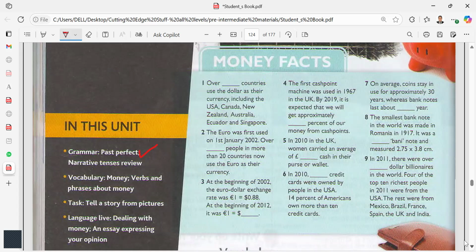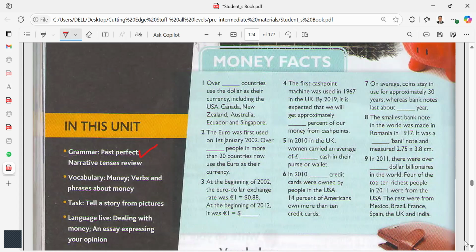8. The smallest banknote in the world was made in Romania in 1917. It was a 10 Bani note and measured 2.75 by 3.8 centimeters. 9.